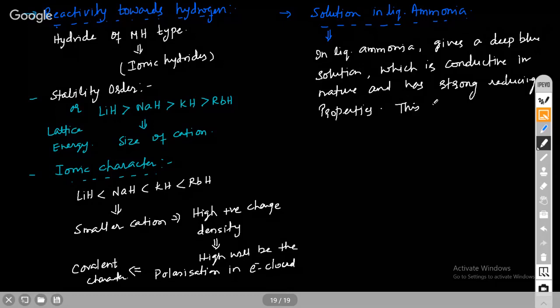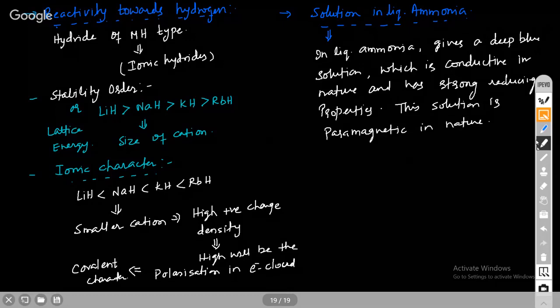This solution is paramagnetic in nature. All these points are important. In JEE, they have asked questions on this.